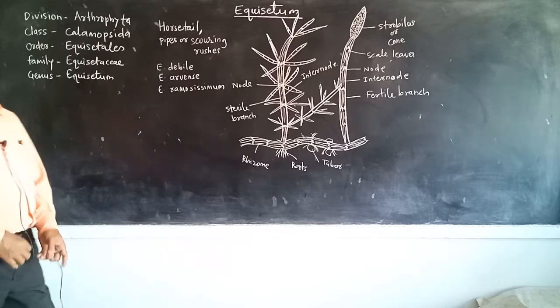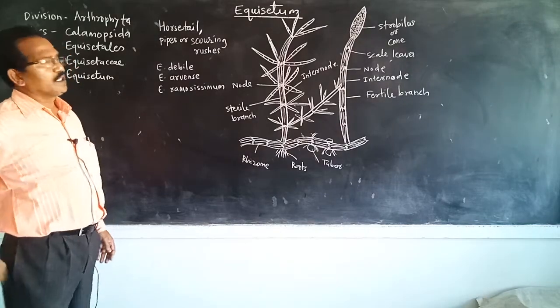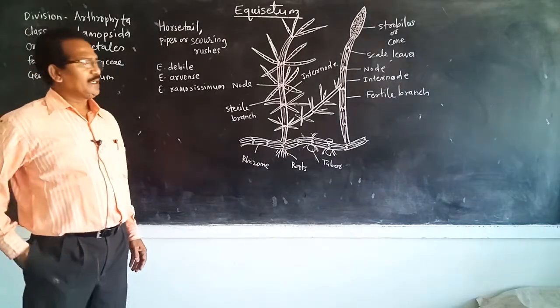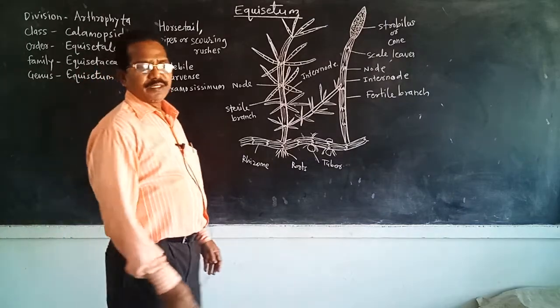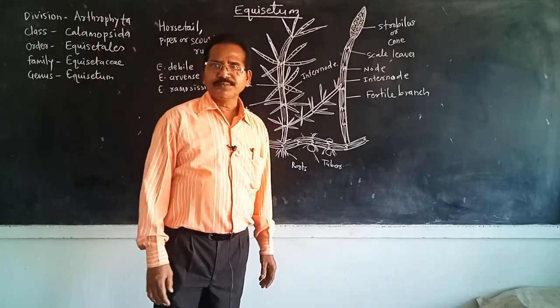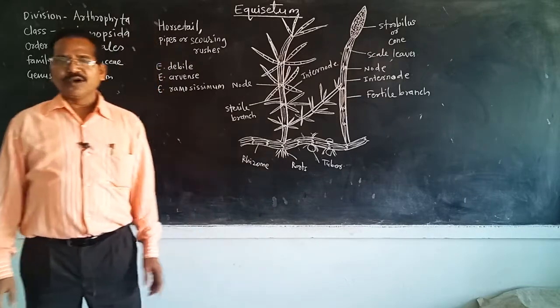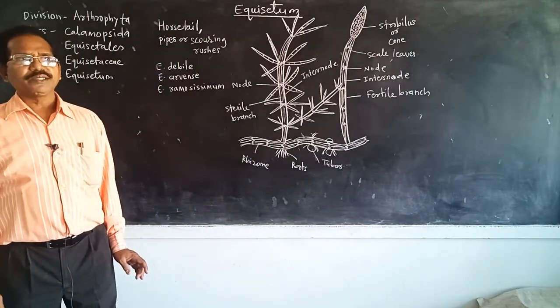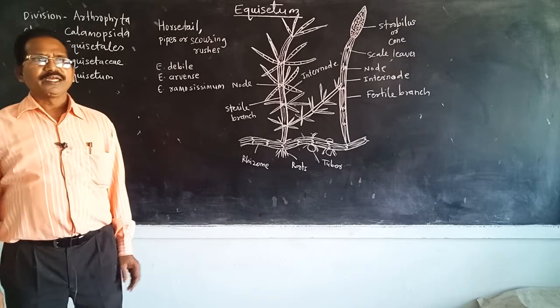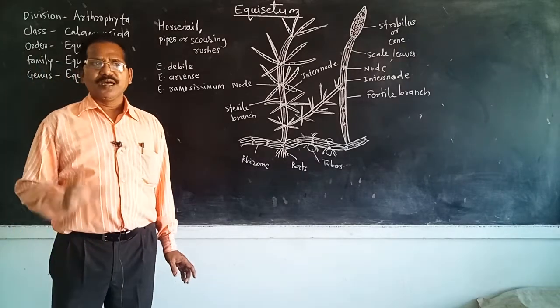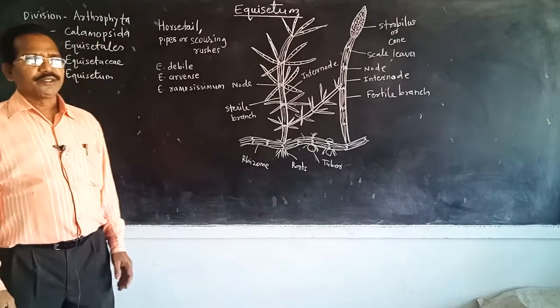Today we study the life cycle of Equisetum. It is a pteridophytic plant, and in any pteridophyte there is a dominant sporophytic phase alternating with the gametophytic phase, which is of small duration.